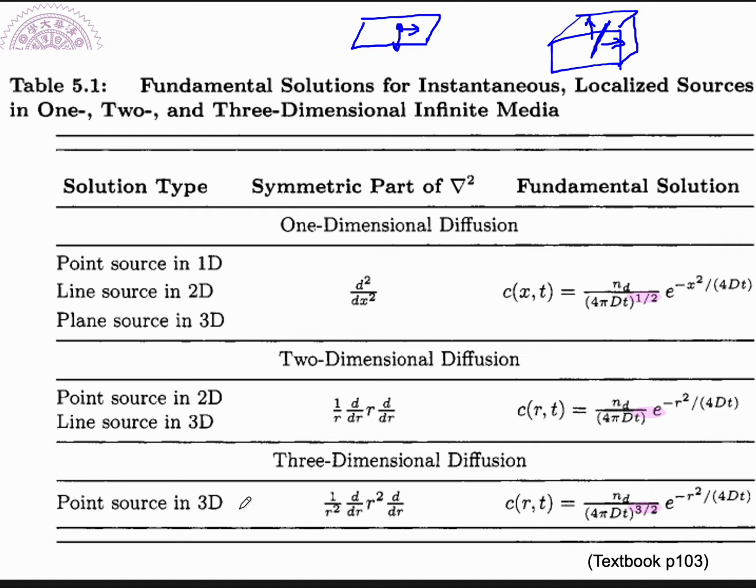It's quite easy, right? You just deposit or insert, for some reason, a point source into a three-dimensional matrix. The atoms can diffuse along X or Y or Z, so it belongs to the three-dimensional diffusion case.